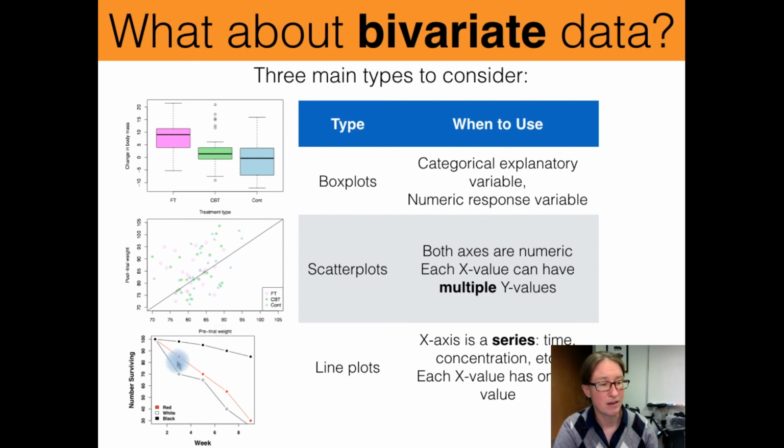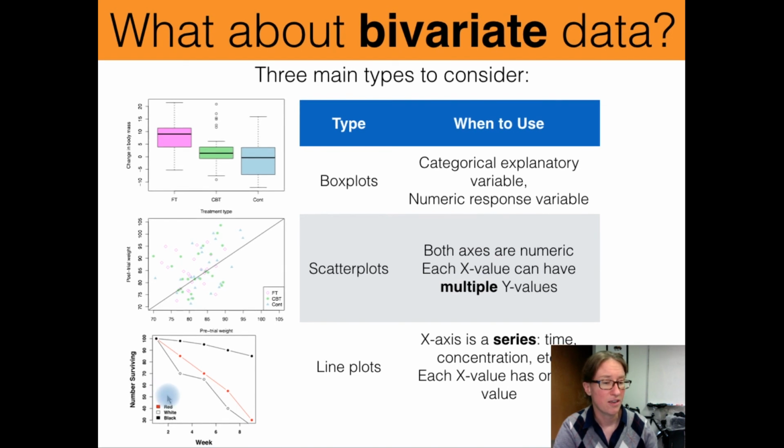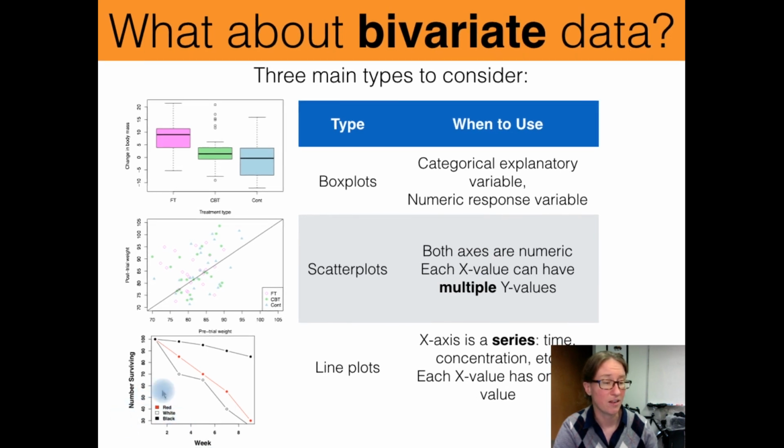And then same kind of thing down in this plot for fly survival, right? So we have a third categorical variable, eye color, that is included in this plot using different symbol colors and symbol shapes. So these plots can start to get more complex and more rich as we add in additional variables.